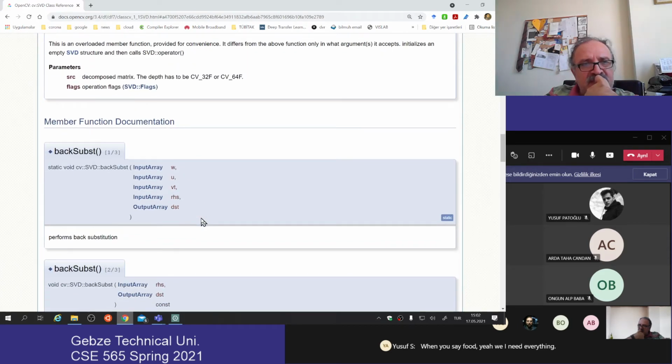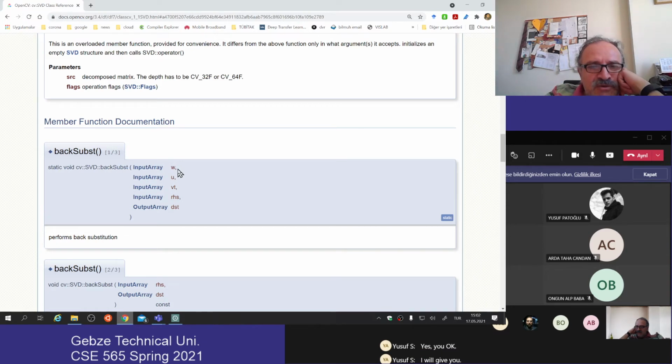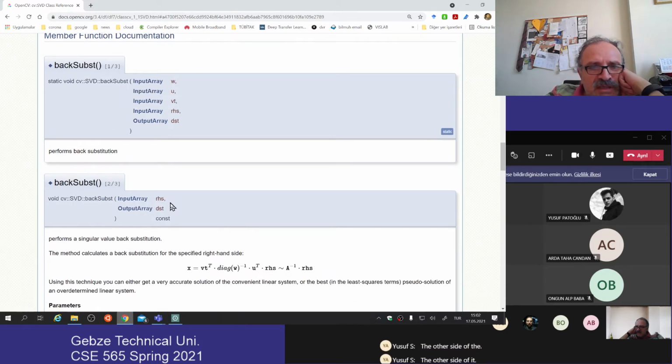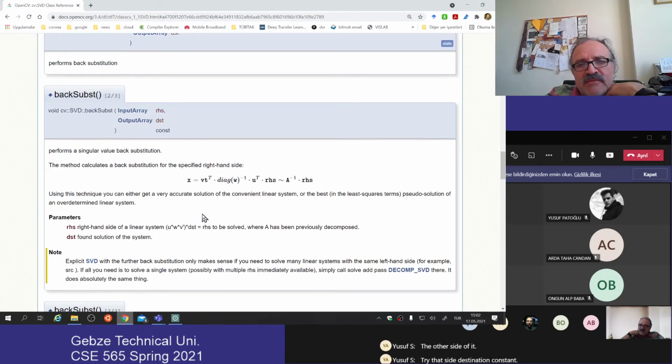What is back substitution? Oh, okay. I will give you W, U, and VT, and you are going to produce the other side of it, the right hand side. Oh, here it is.